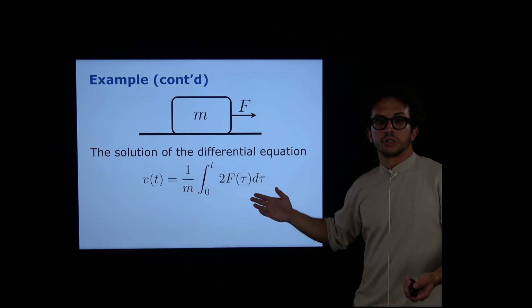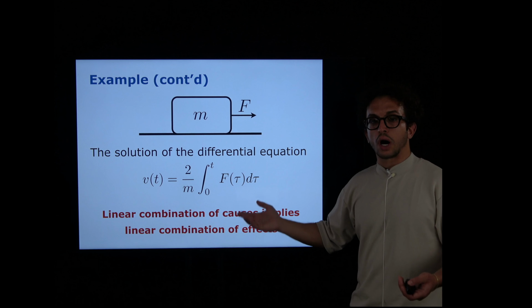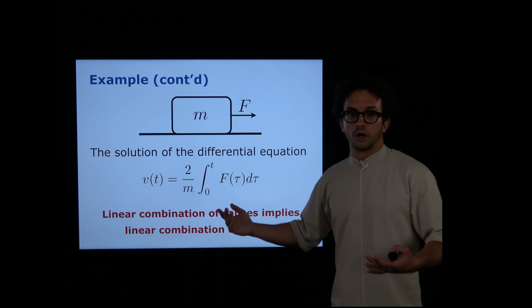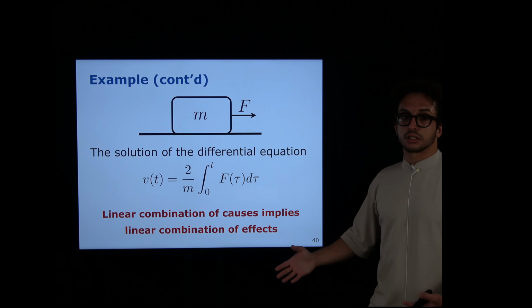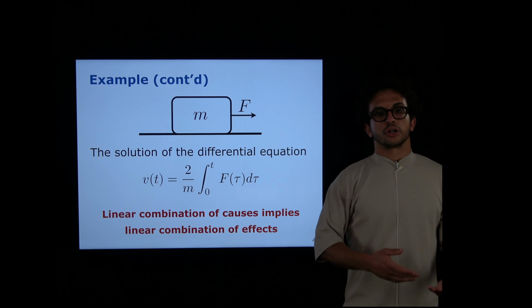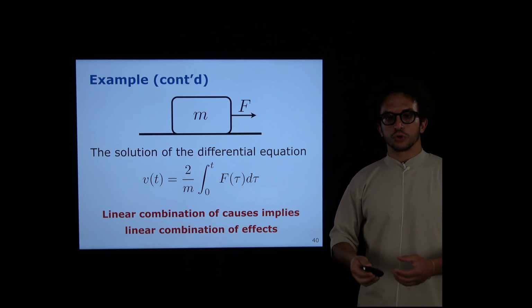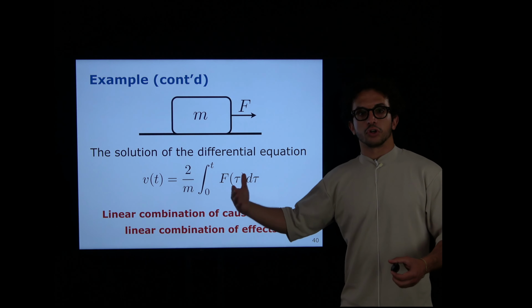What if it's doubled? Well, the velocity is just twice what we had before with half the force, because a linear combination of causes implies a linear combination of effects. So we have this superposition principle which holds for linear systems, which is very important. It's something that we'll carry on for the whole course.